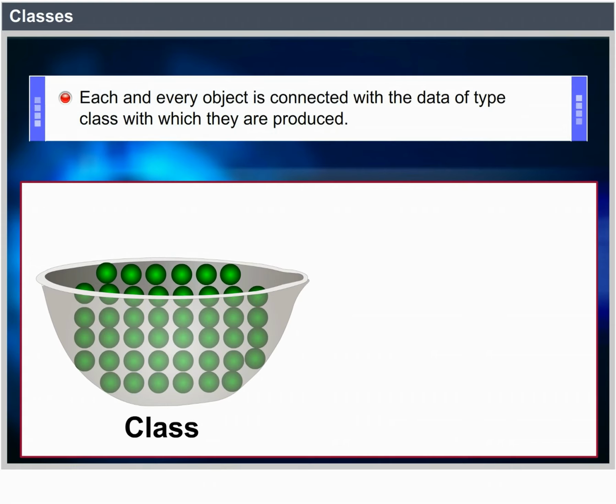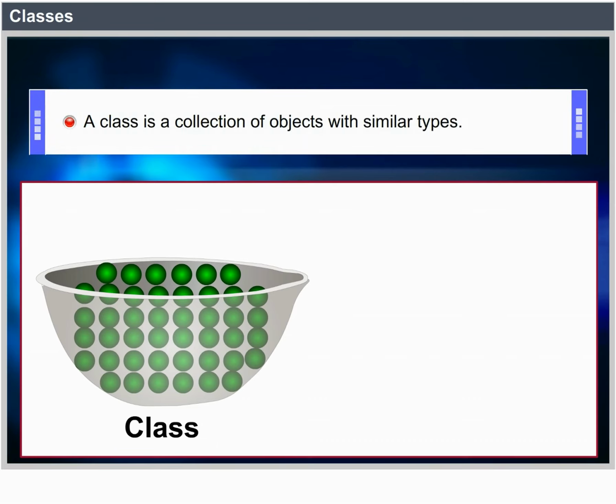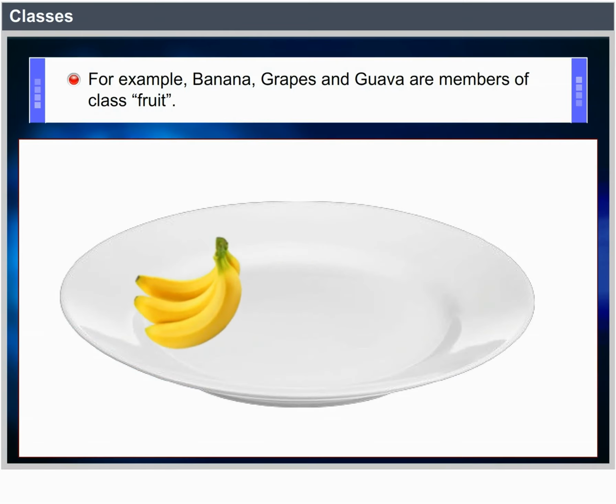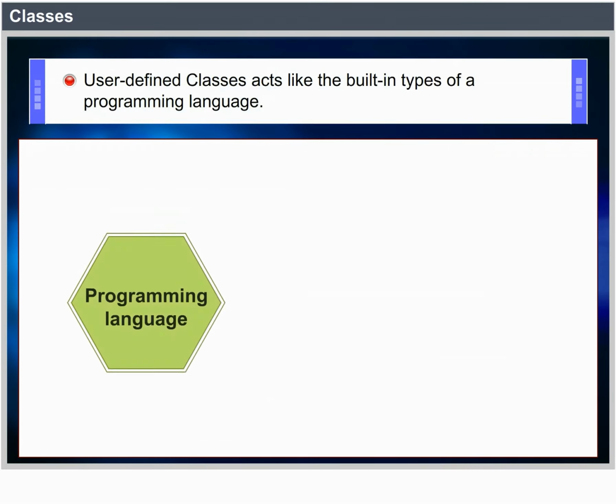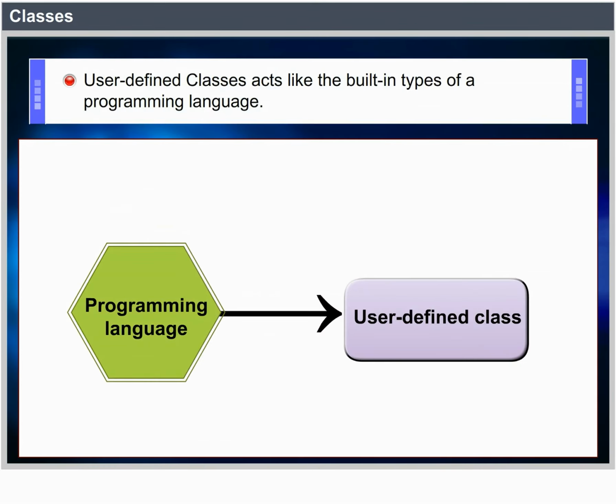Each object is associated with the data of type class with which it is created. A class is a collection of objects of similar types. For example, banana, grapes, and guava are members of class fruit. Classes are user-defined data types and behave like the built-in types of a programming language.